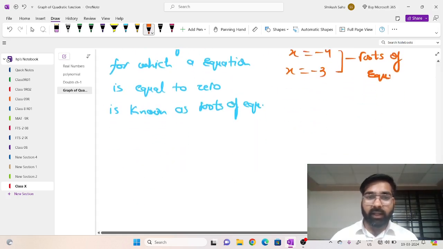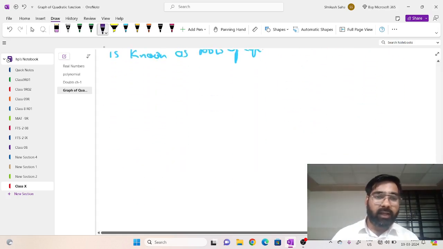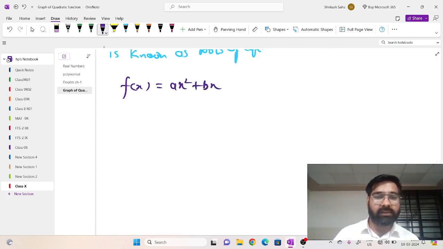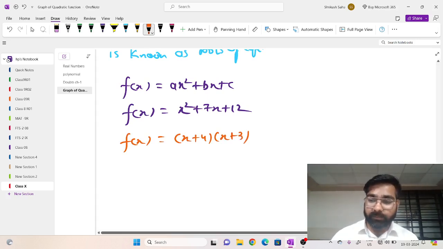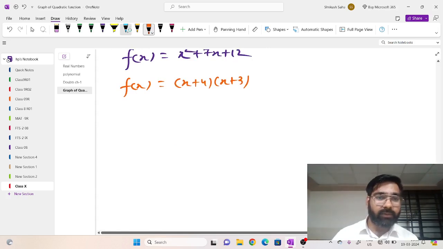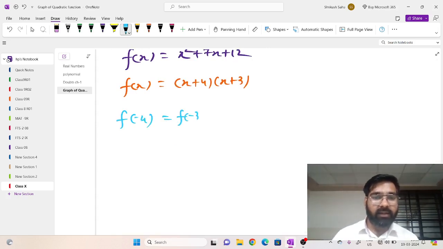Okay, but if we write this in function form, f(x) = ax² + bx + c, and again we take the example x² + 7x + 12 and factorize it, then we get the factors (x + 4) and (x + 3). Again, if we replace x by -4 or -3, we get the value of the function equal to 0.